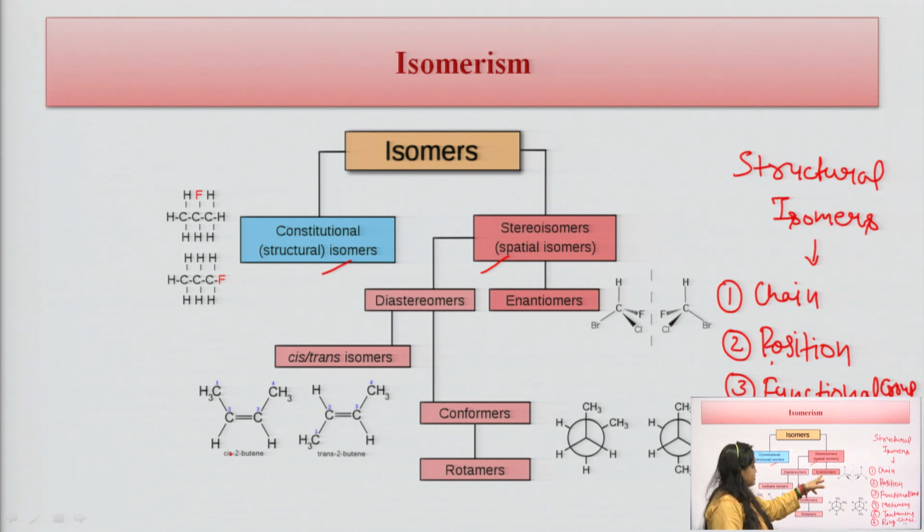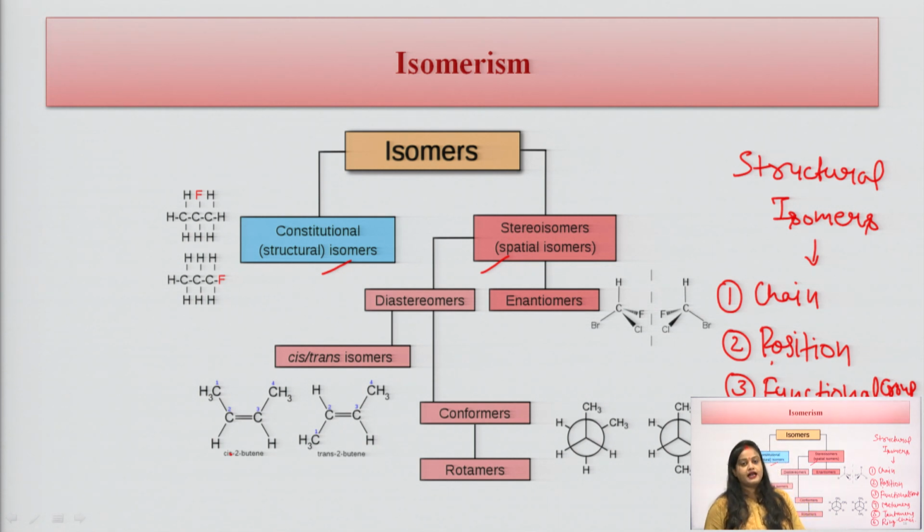Now, the other is the enantiomer. Enantiomers are found in optical isomerism. Optical isomerism is related to the optical activity of the organic compound, and there are two forms, R form and S form. So, these are examples of the enantiomer.